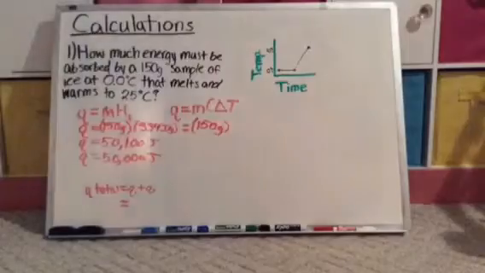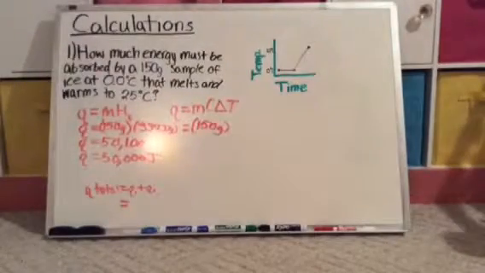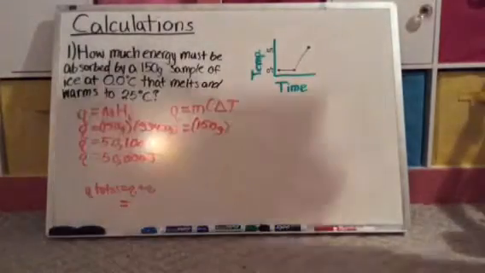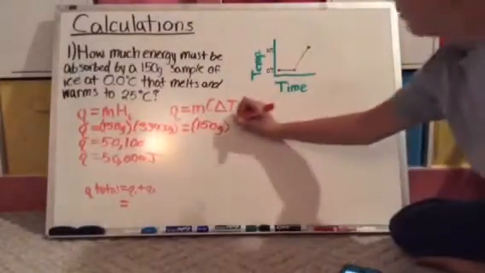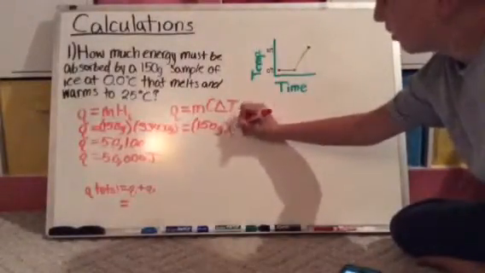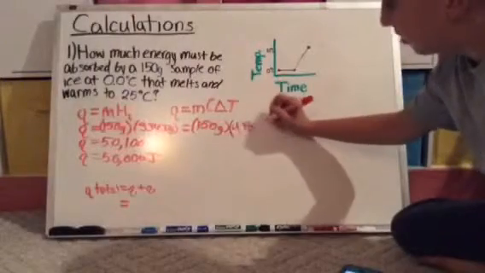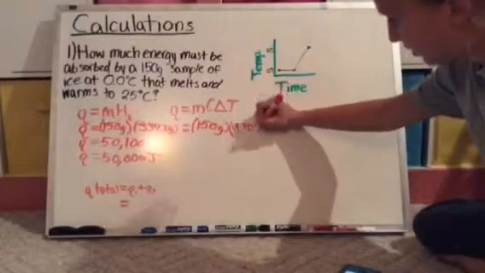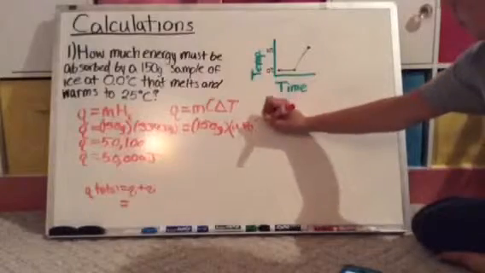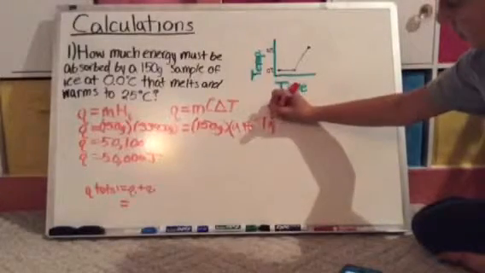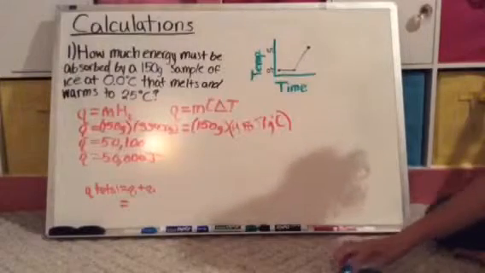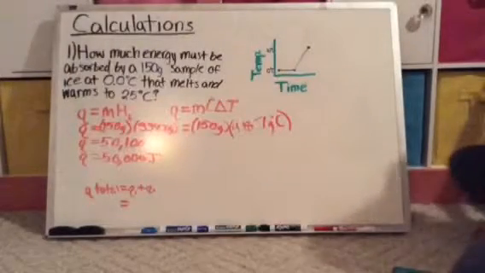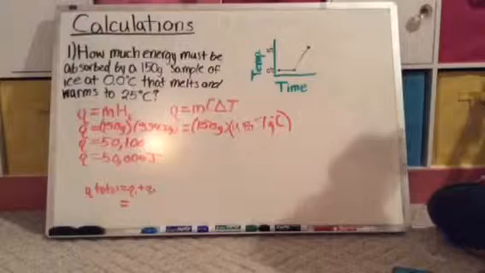And then for c, that is our heat capacity of liquid water. So we would plug in 4.18 joules per gram degrees Celsius.